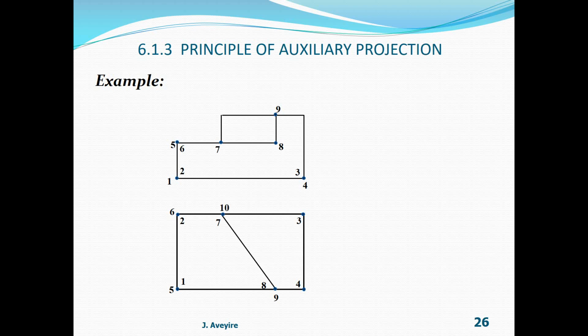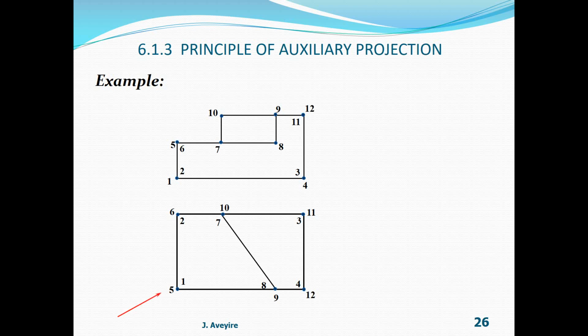Then 10. 10 is behind on the top view and visible, and on the front view is going to be visible. 11. 11 on the top view is visible, but on the front view is hidden because it's behind. And 12. 12 on the top view is visible, and on the front view it is also visible.